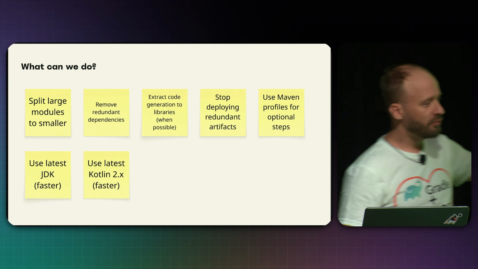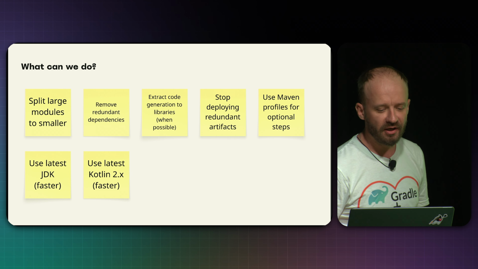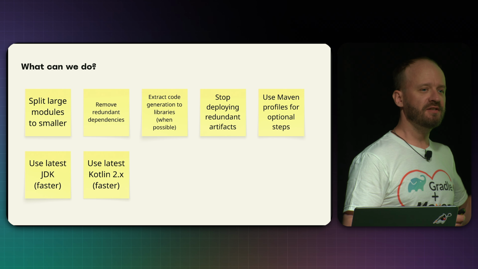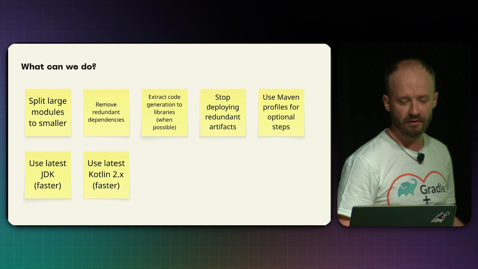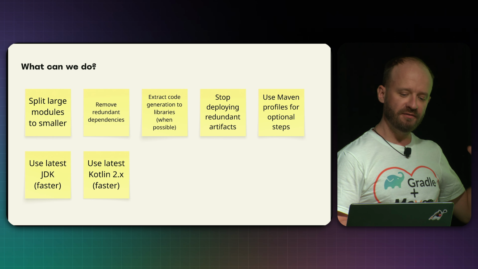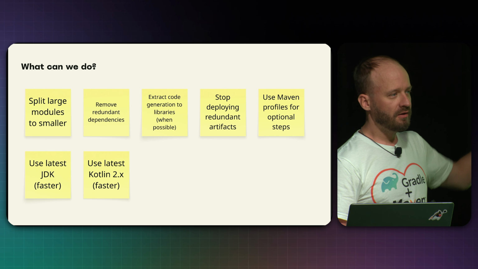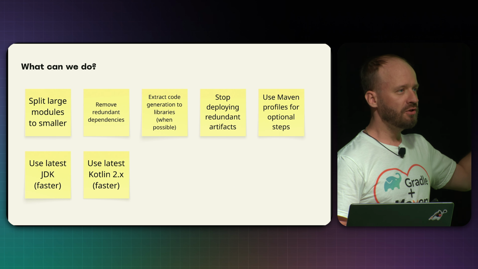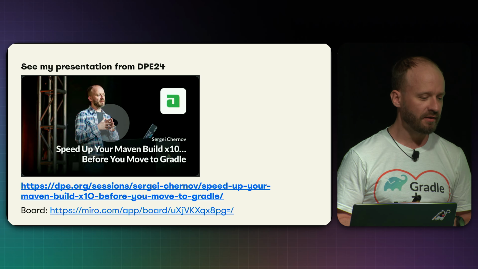Also, some quite working advice: use the latest JDK, because newer versions of the JDK have faster runtimes and a faster compiler. And if you use Kotlin in your codebase, also update to Kotlin 2nd generation, because it's a fully rewritten compiler. For example, Kotlin 2.2 introduces the Kotlin daemon, which is quite efficient for this. Last year, I talked about all those things, so you can find my presentation online. All those points are still relevant.